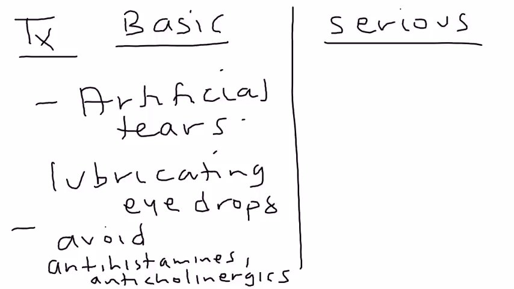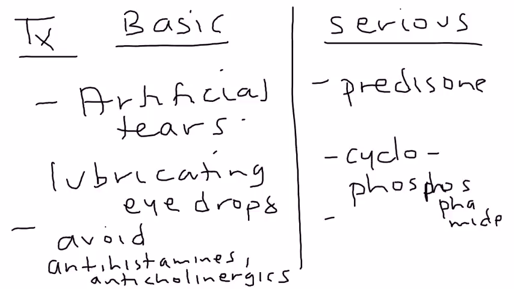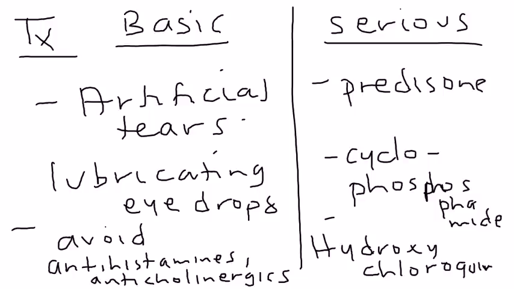And now the more aggressive treatment for more serious cases involves three categories of drugs. The first is steroids, such as prednisone. The next one is cyclophosphamide, and finally hydroxychloroquine. Some of the more aggressive or serious cases of Sjögren's can involve treatment with one of these.